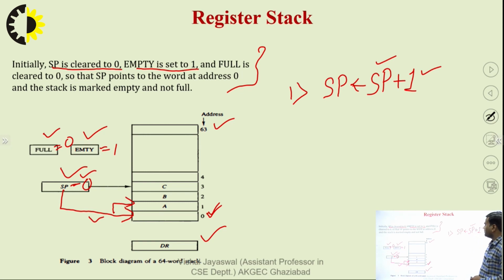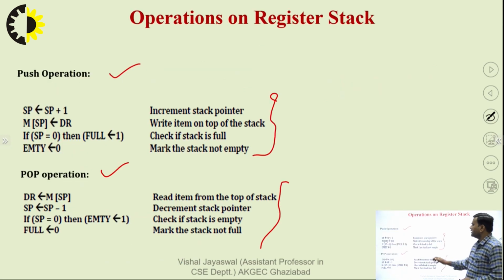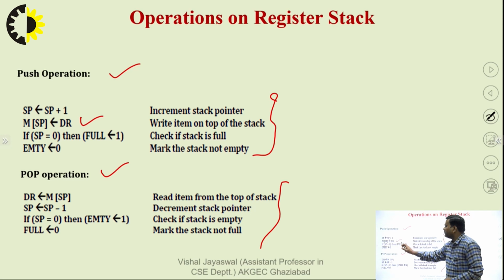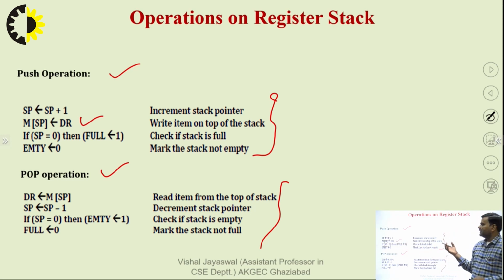The second step is that the value of DR is written into M of SP, writing the item on the top of the stack.